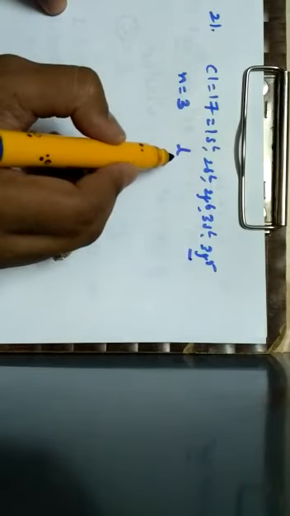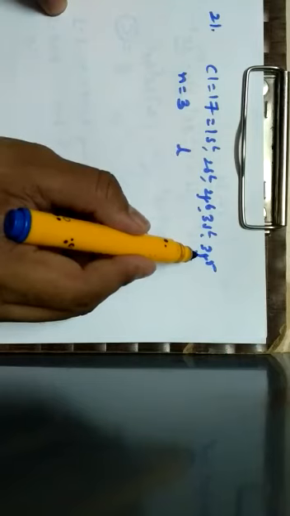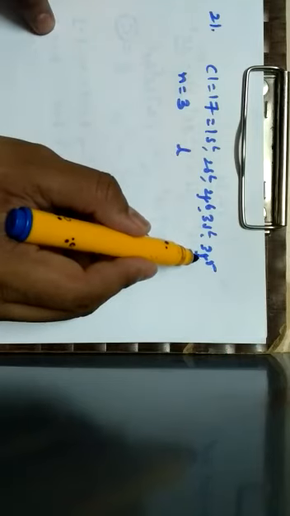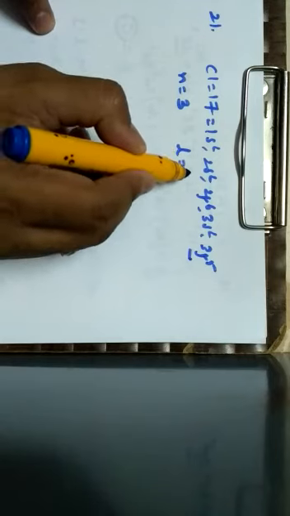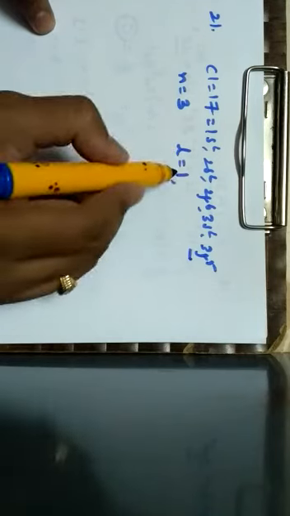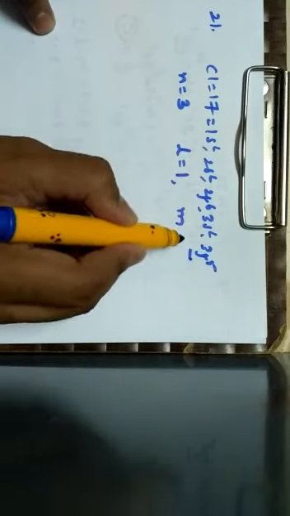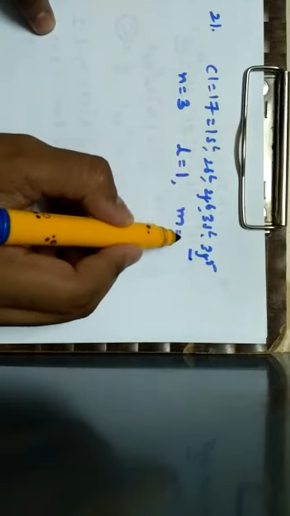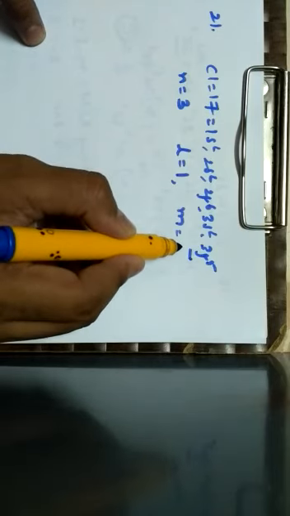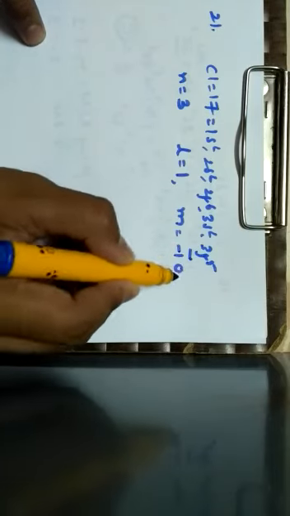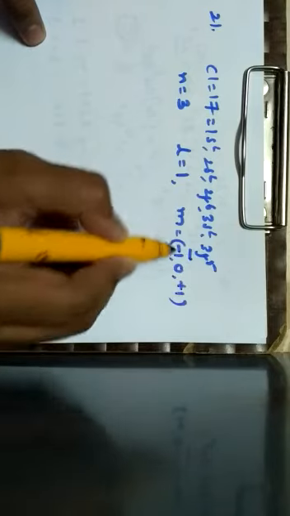It is a p orbital means the value of L should be, for s orbital it is 0, for p orbital it is 1. Hence the value of L should be 1. So if the value of L is 1 means M should be minus 1 to plus 1. So the value of M should range from minus 1 to plus 1, means either it can be minus 1 or it can be 0 or it can be plus 1.